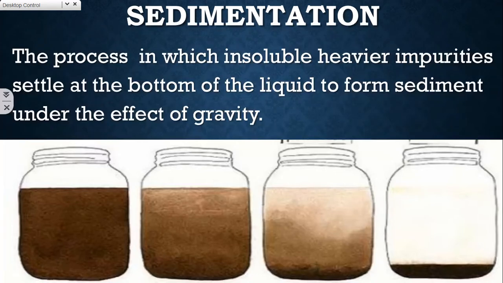So when you fetch water, sometimes you might have seen impurities present in it. Without disturbing the water, when you leave it as such for some time, all the solid impurities get settled down at the bottom, leaving the pure water at the top of the container. So that technique is known as sedimentation.